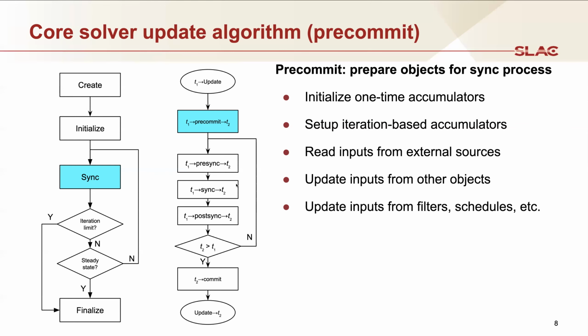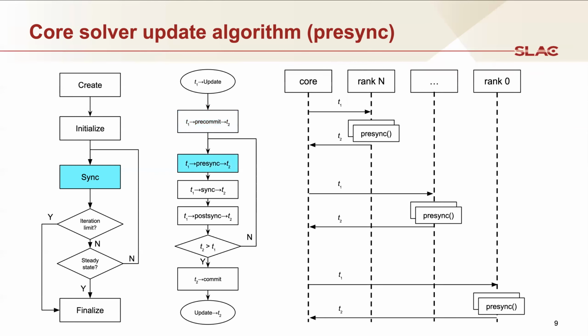Once that's all done, we can go into this innermost time synchronization loop. What happens here is that the solver runs through each object, and it does them. When it's a pre-sync, it's done in a top-down order through the ranks. We'll talk about the ranks in a little bit more detail. But every object has a rank, and the highest rank objects are processed first during pre-sync.